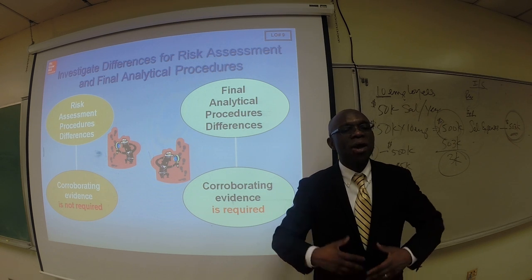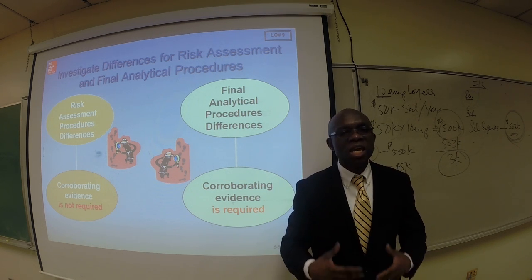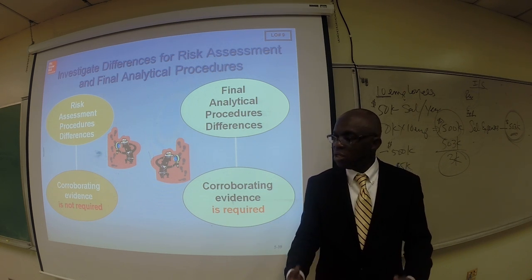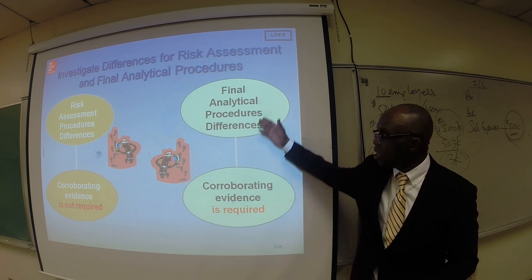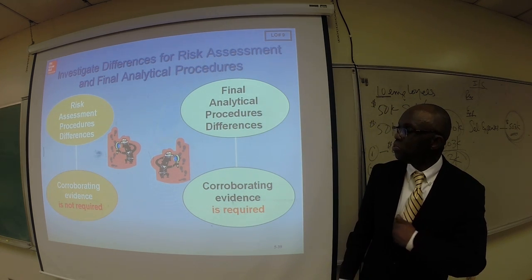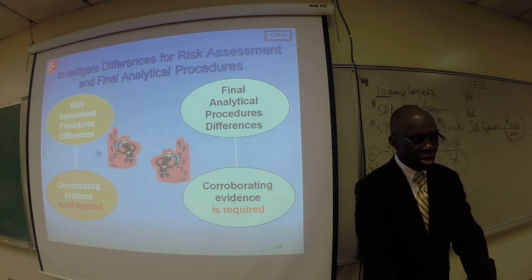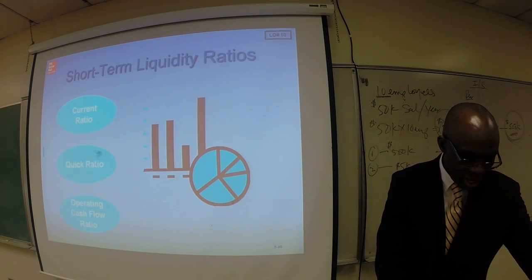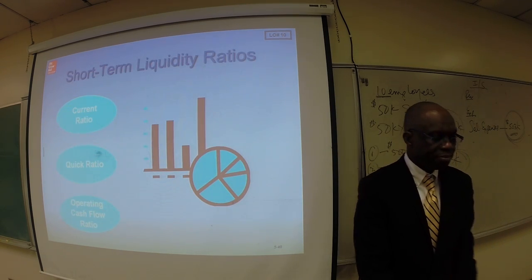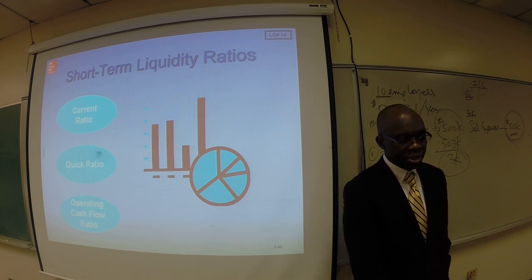At that point, we are really not into digging evidence. But for the final analytical procedure differences, evidence is required so that the necessary adjustment can be made by management.